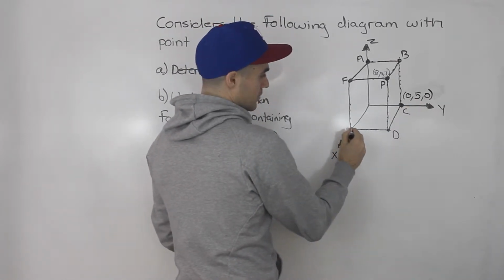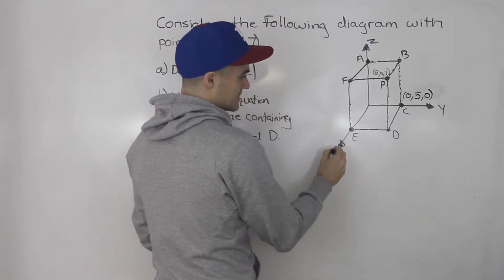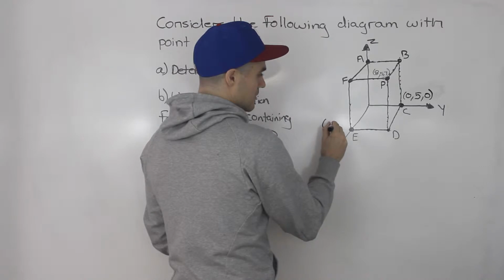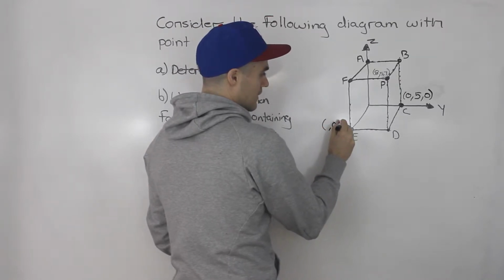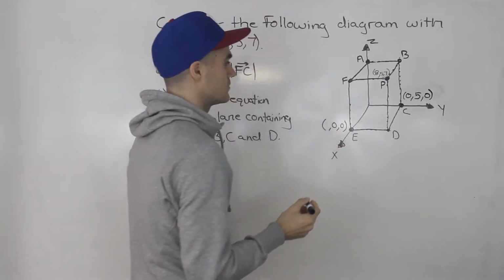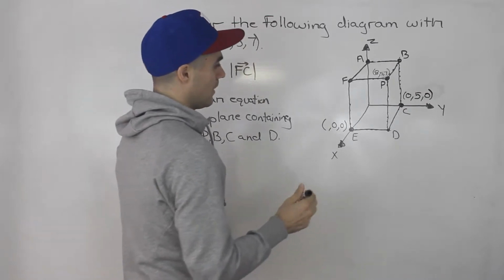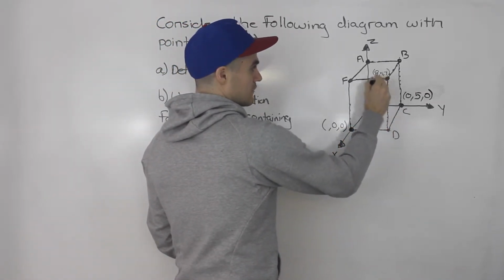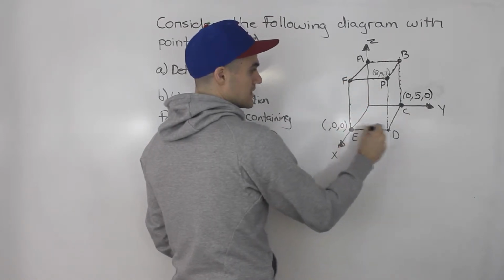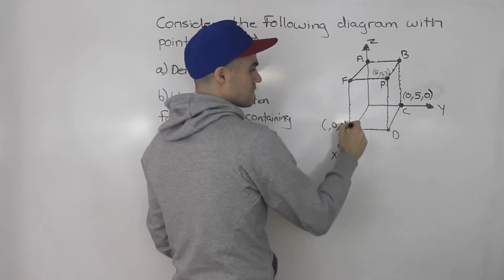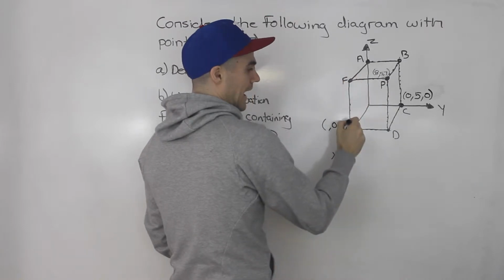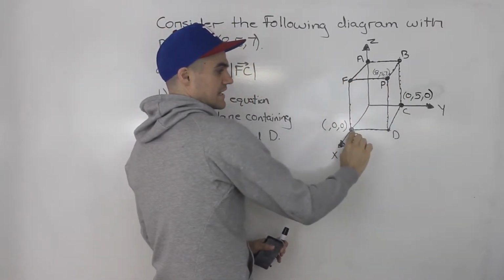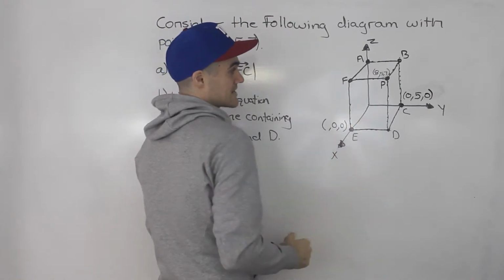Now, what about this point here, E? Well, notice it's the x-intercept. So we know that the y value is going to be 0 and the z value is going to be 0. What's the x value going to be? Well, notice now that this face of the rectangular prism, E, D, P, and F, are all going to have the same x value because it's a face that's sort of sticking out of that x-axis.